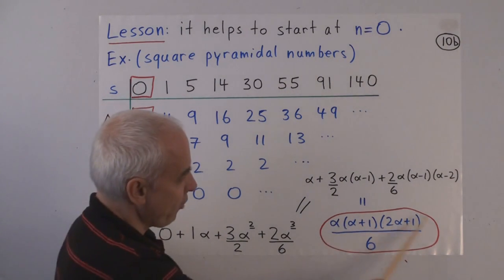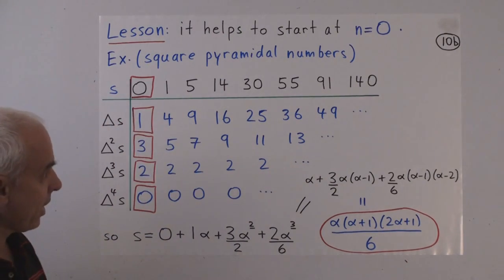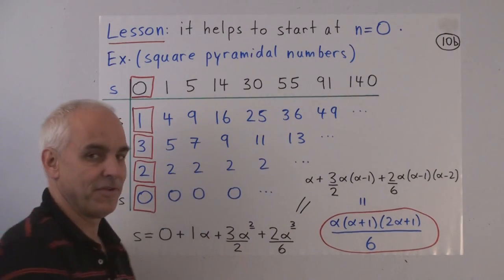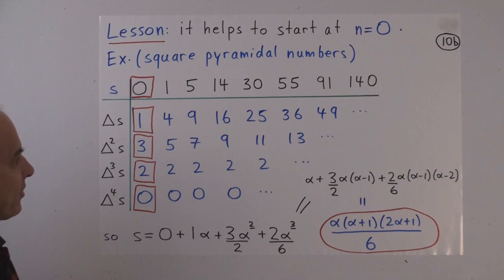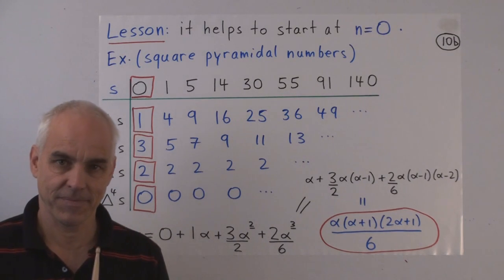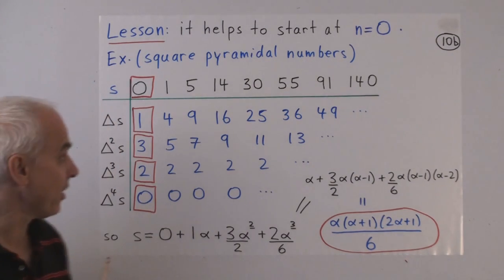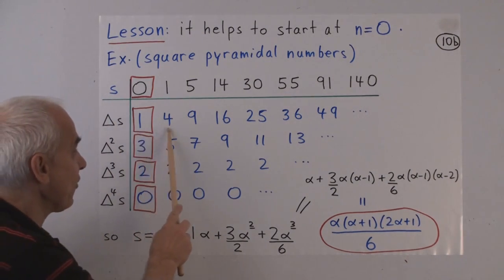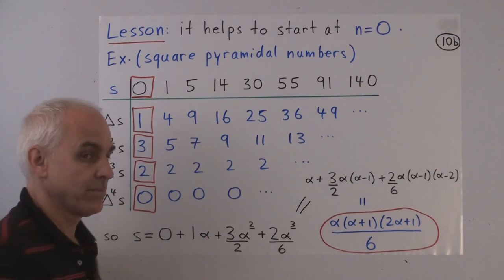Now this is an important formula because this is an important sequence. And the reason it's an important sequence has a lot to do with this first line of differences, which you'll all recognize as being the sequence of square numbers.